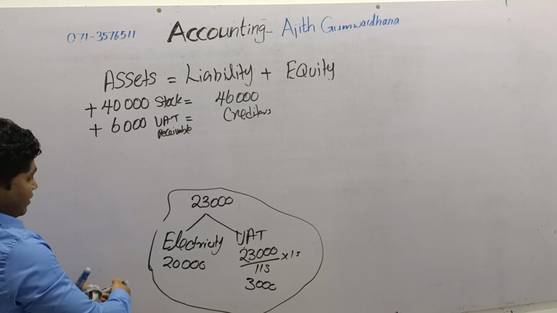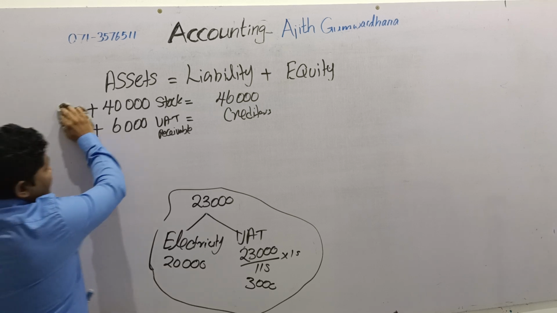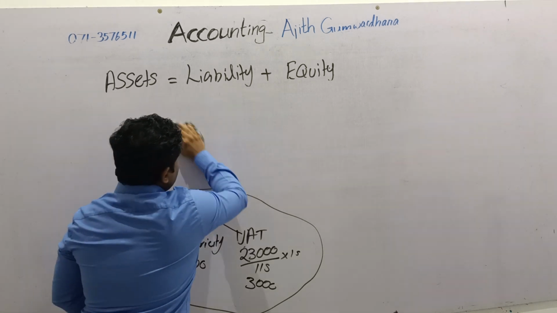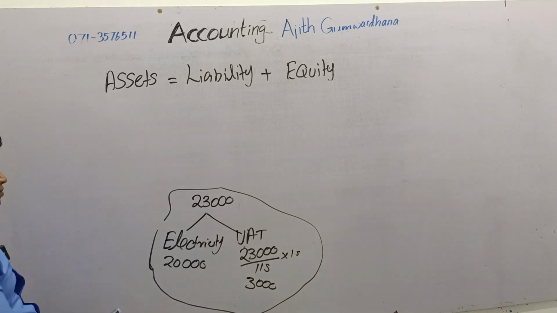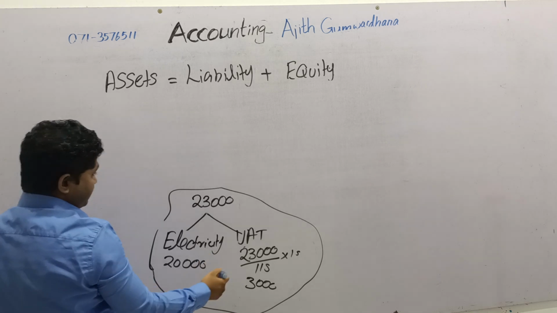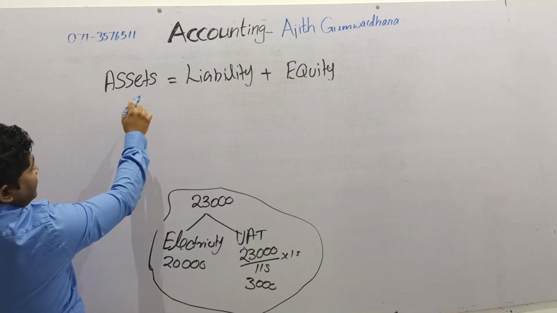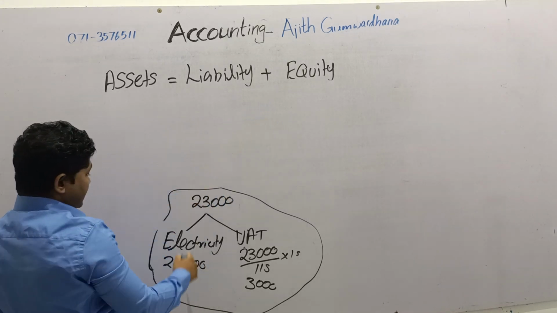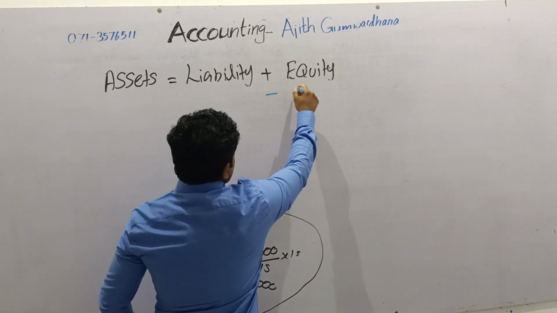As an expense only 20,000 should be considered. But the VAT value, if our business is registered, the VAT paid amount can be claimed from the government.